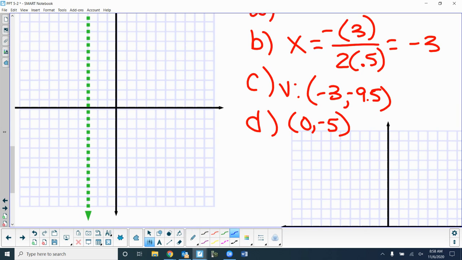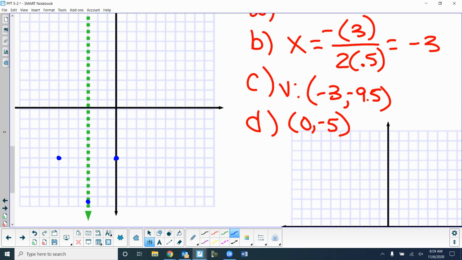All right. 0, -5 is my y-intercept. 1, 2, 3, 4, 5. My vertex is -3, -9.5. That's about here. How far away is this from here? 3, so I go 1, 2, 3 to the left.